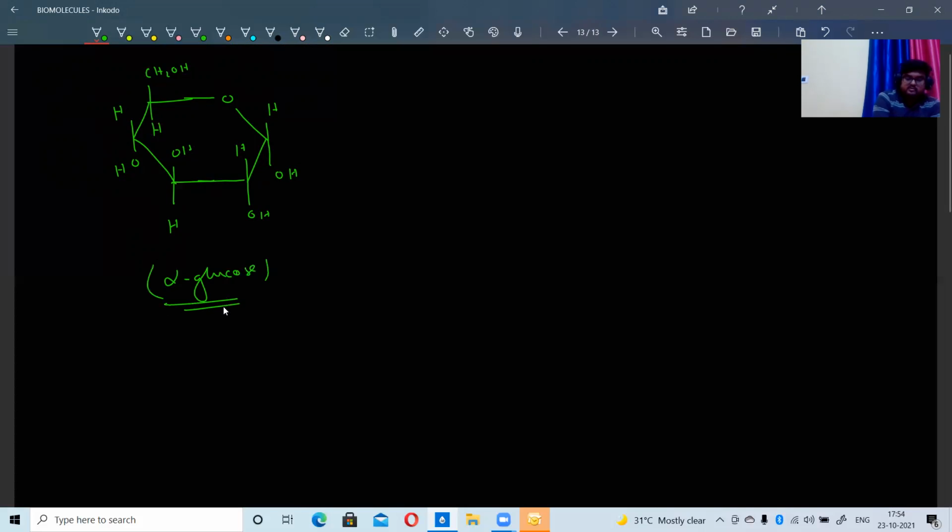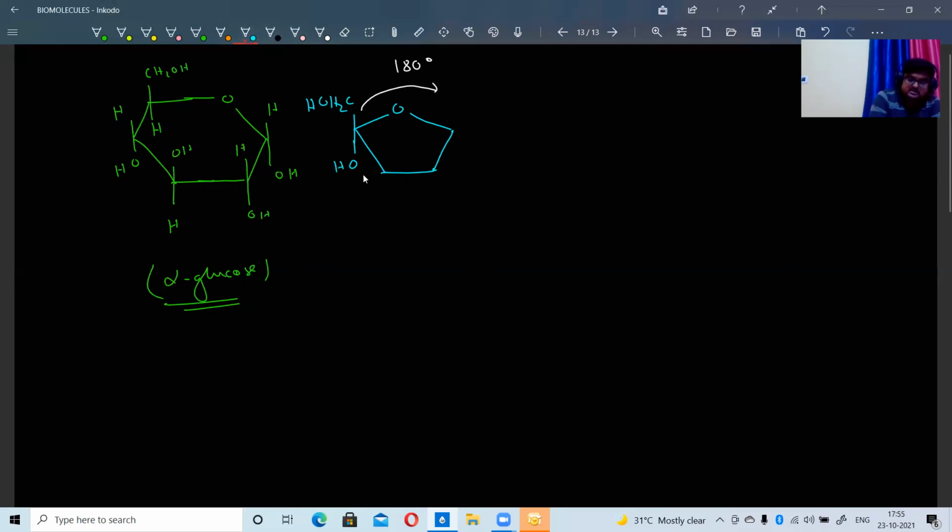Now we are trying to draw beta fructose. Before drawing beta fructose, I am rotating it by 180 degrees. After rotation, you get this type of structure. Basically, the anomeric carbon comes here, so we can write CH2OH here.